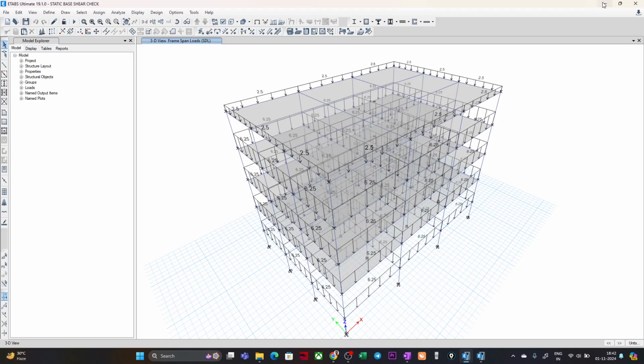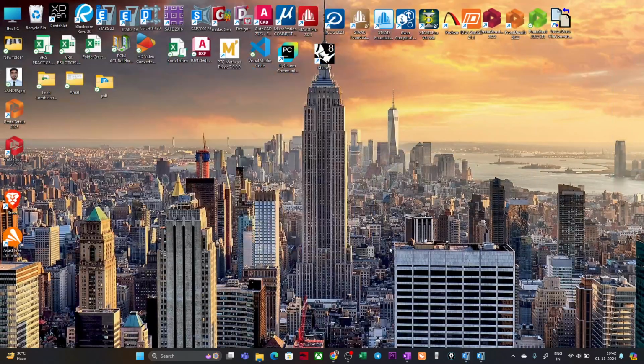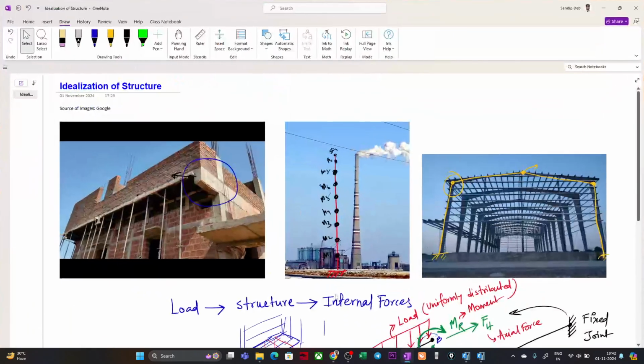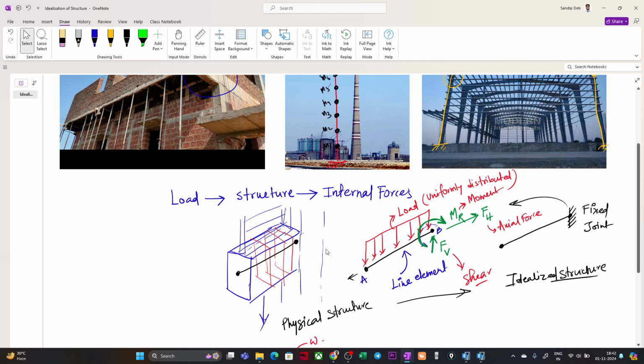So when we say idealization of structure, it is not only idealization of the structural elements, but also idealization of the loads, the joints, the supports, everything. Everything you have to idealize, which nearly represents the physical model.